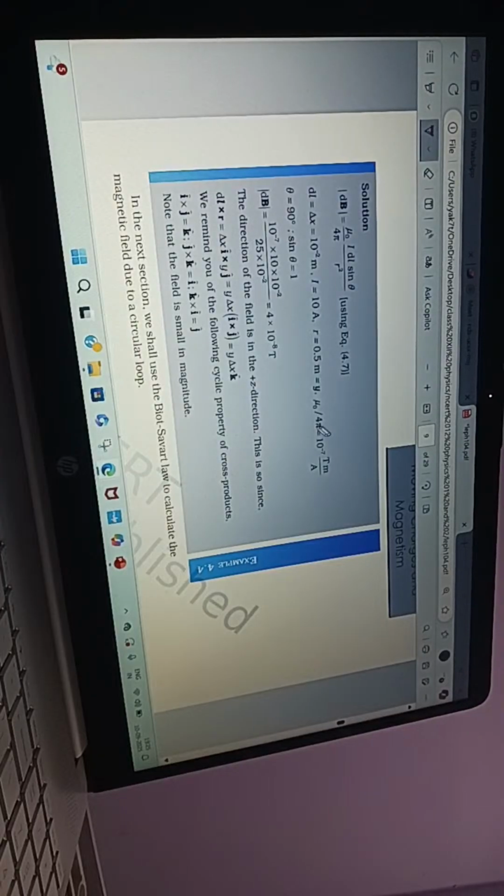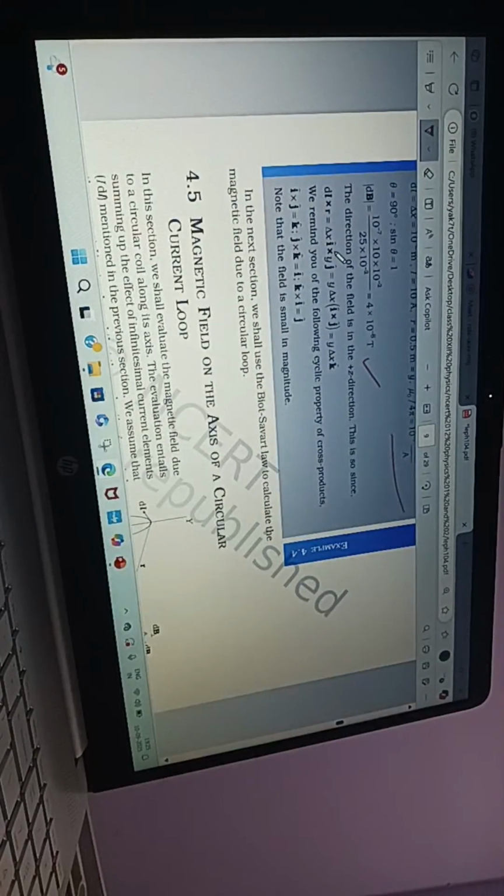Sin theta is the angle. How much will it be? The angle between dl and r is 90 degrees, so sin theta is 1. r is the distance. You got the magnetic field this much. Yes, sir, but it's only the magnitude you got. When you want the direction, you have to use the cross rule.